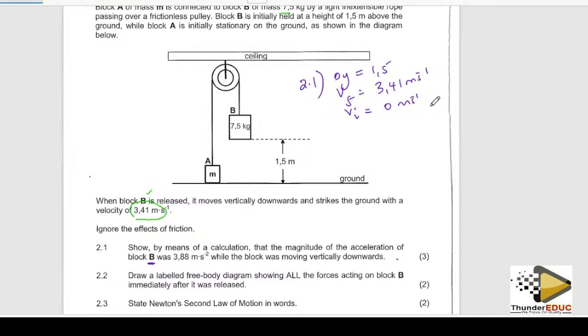Okay. Is there anything else we need? We want the acceleration. Projectile, okay, that's fine. So I can say that vf squared is equal to vi squared plus 2a delta y.